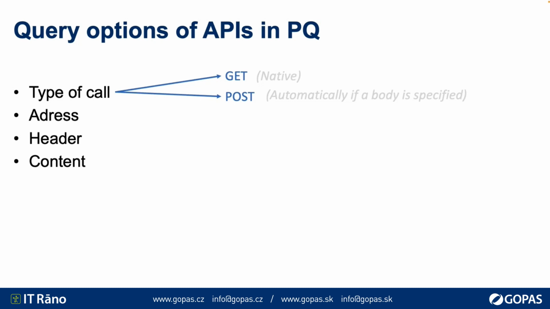Even if you will be sending blank content, but you specify that, then Power Query will switch from a get to the post. So we don't have others like delete, patch, etc. But at least we have get and post types. And mostly it's all that we need, especially when we would like to get data.